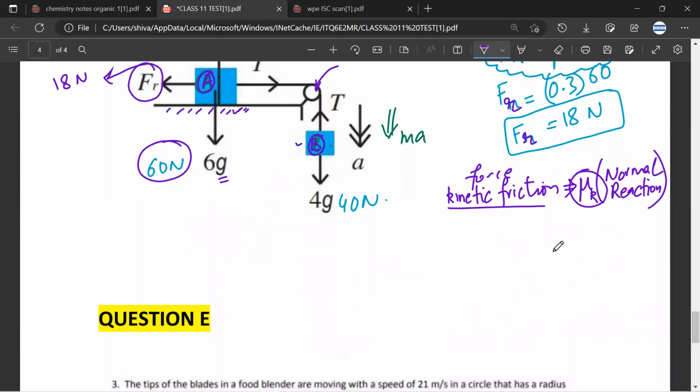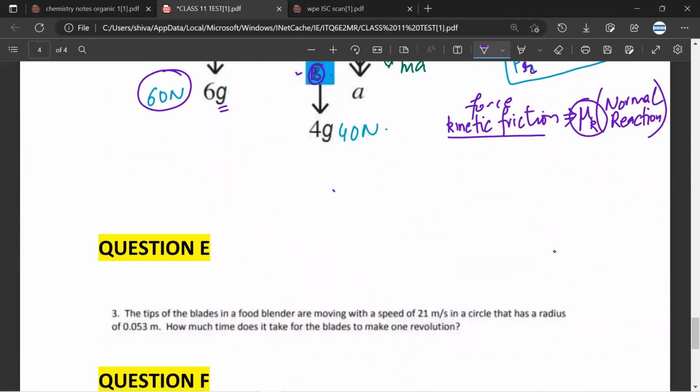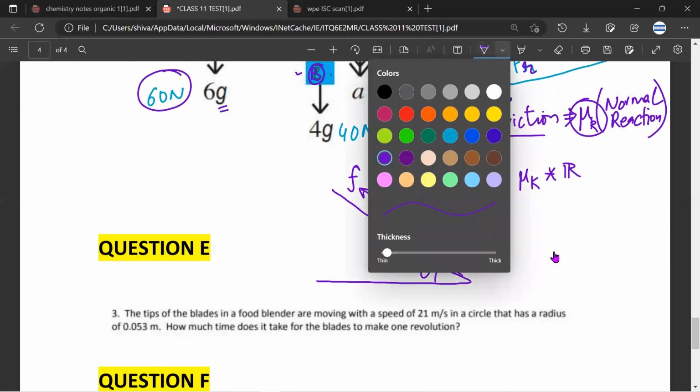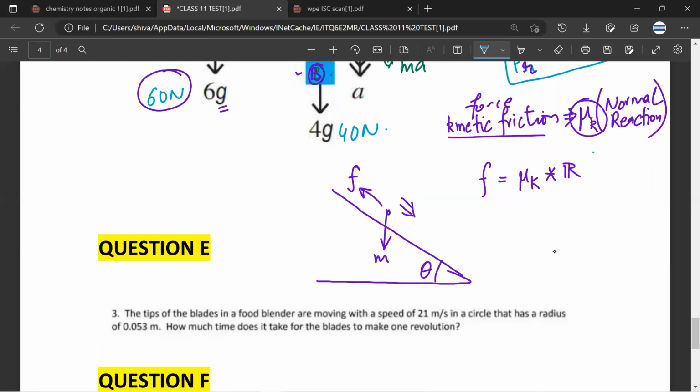Now, please try to remember that when we have a case like this, where this mass is sliding down, the friction is in the upward direction. Then this friction is given by mu k multiplied by the normal reaction.